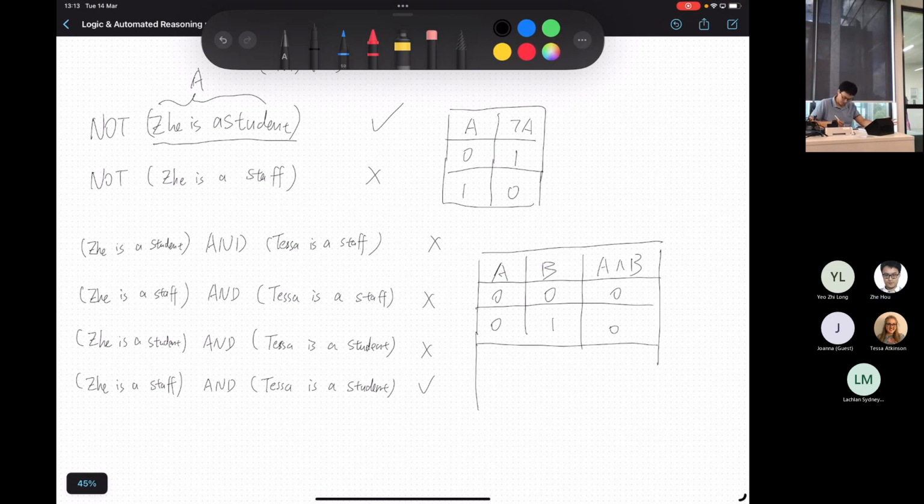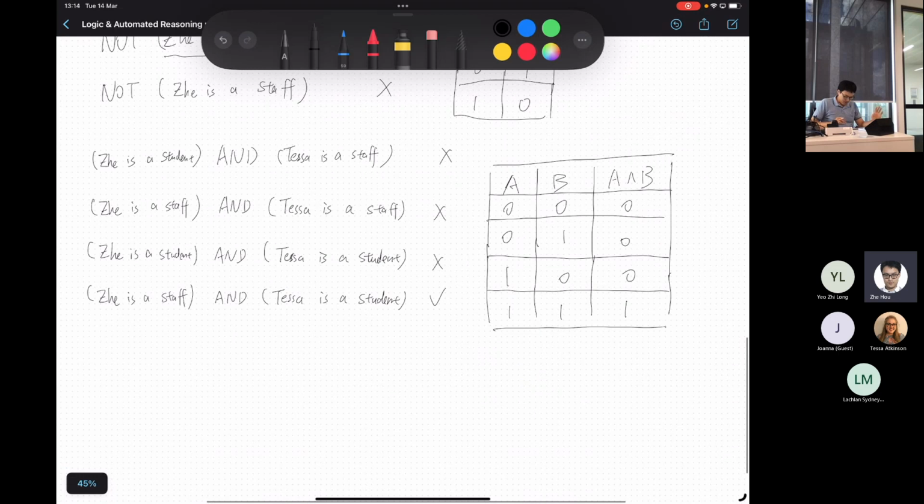These are quite basic. I think it's probably covered in your high school. All right, so the third case, A is true and B is false, A and B is still false. And it's only when both A and B are true that A and B is true. So that's very straightforward. So no questions here.